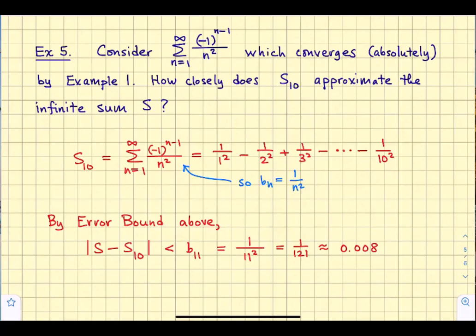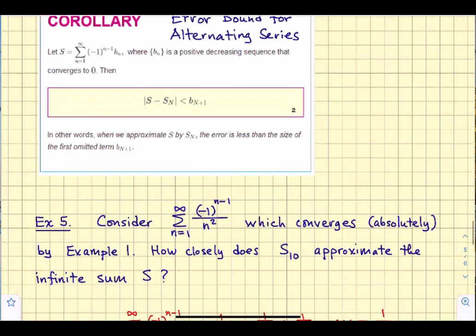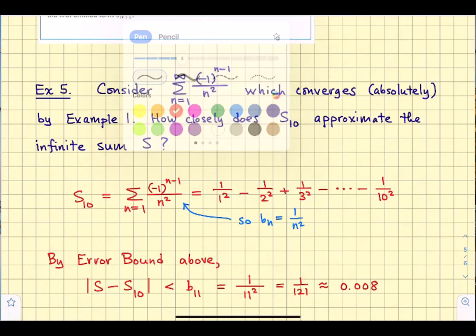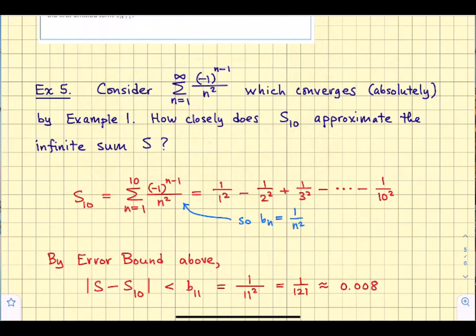Well, from our error bound, we first just need to think of the nth partial sum, so here this is actually a 10, so I'll fix that. Then we have the sum from n equals 1 to 10 of minus 1 to the n minus 1 over n squared, and this is what that 10th partial sum looks like. Notice, just like we did before, if we peel off the b sub n, it is actually 1 over n squared.